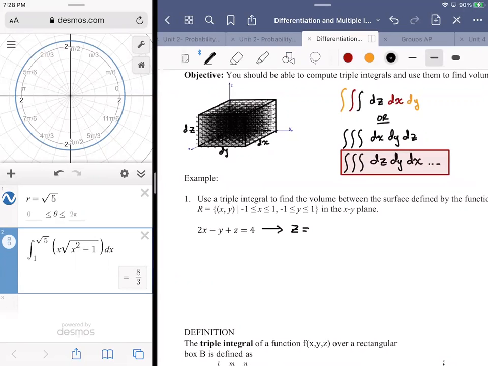Z equals 4 minus 2x plus y. All right, that's not the difficult part. I would be integrating this triple integral with the dz first, then dx, dy. All right, so that's the model that we're going to use.